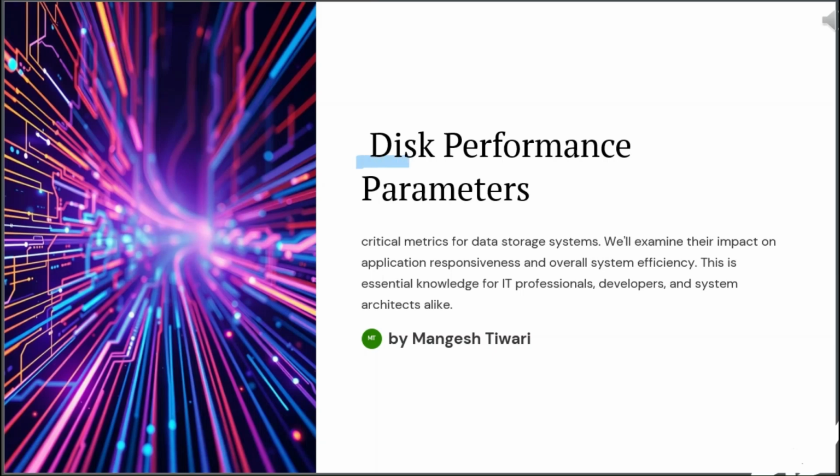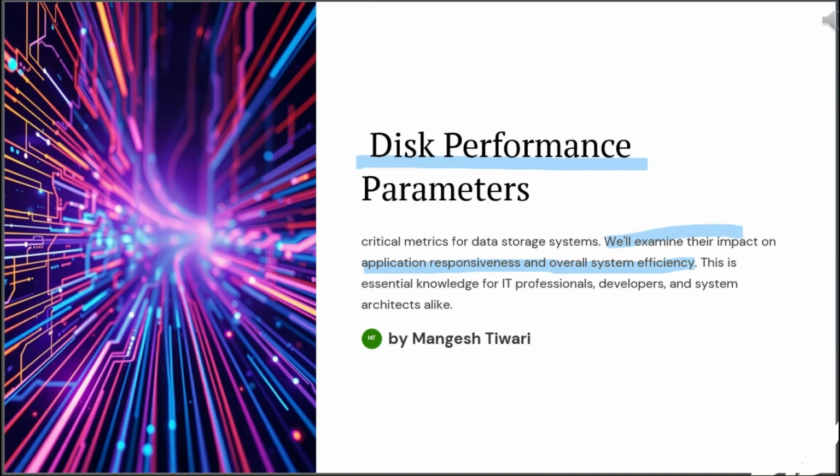In this lecture, we are going to discuss disk performance parameters. What are these disk performance parameters? These are criteria used to evaluate how efficiently a disk drive stores and retrieves data. The efficiency of our disk directly reflects in the application responsiveness and overall system efficiency.